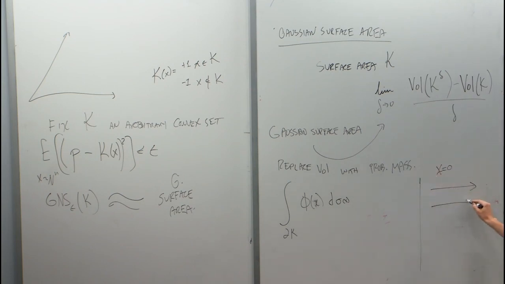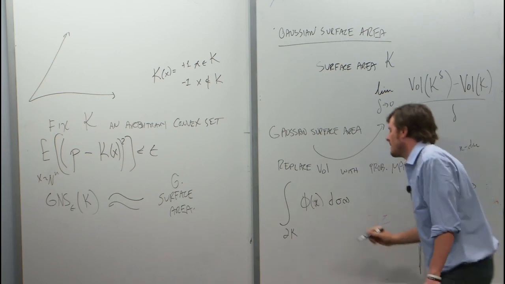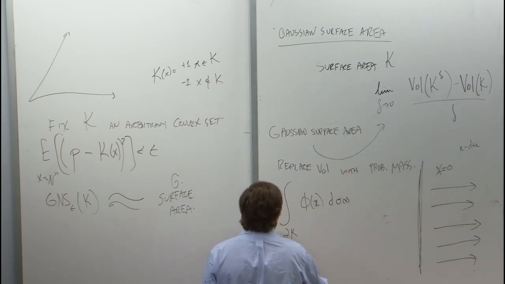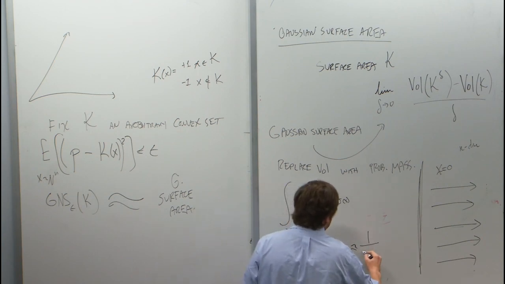So here's your half space. We're in, say, n dimensions. So this is x1, the first coordinate. The border of this half space is the line x equals 0. Then you can just integrate the Gaussian measure along this line, and you'll get that the Gaussian surface area of a half space is a constant. In fact, it's 1 over root 2 pi.